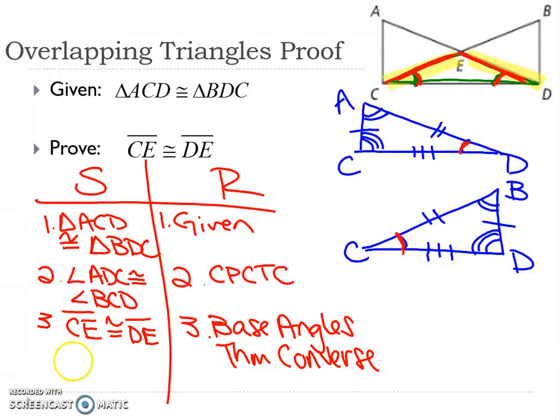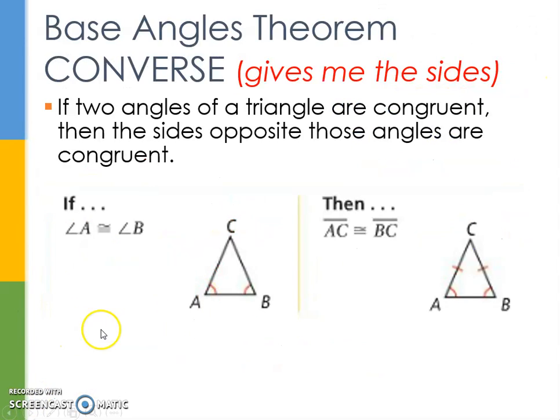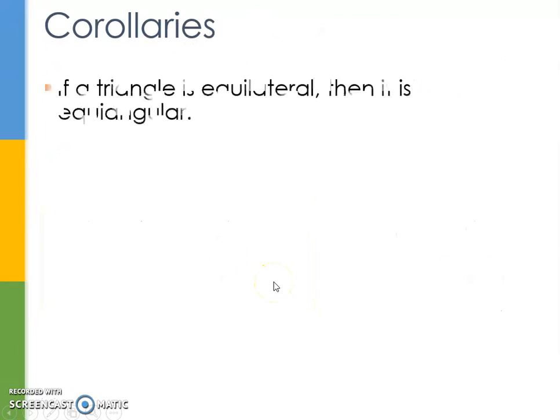Now, what is the base angles theorem converse? I'm going to show you the previous lesson. This is the slide from the previous unit: base angles theorem converse. If two angles of a triangle are congruent, then the sides opposite those angles are congruent. So right here, this angle is congruent, which means this side and this side are congruent.